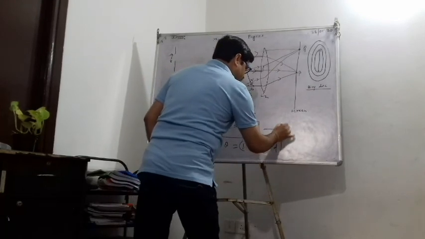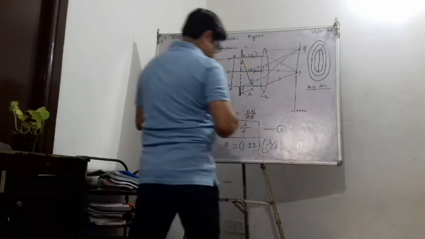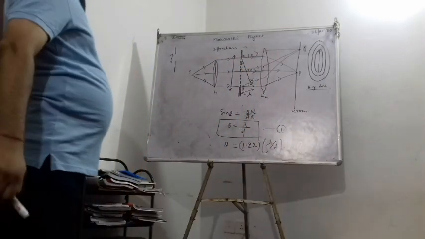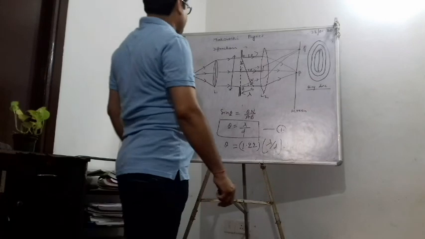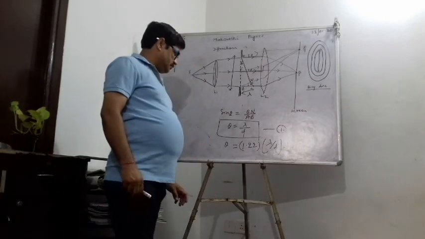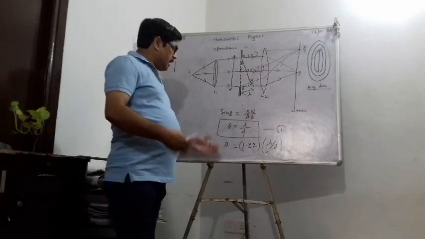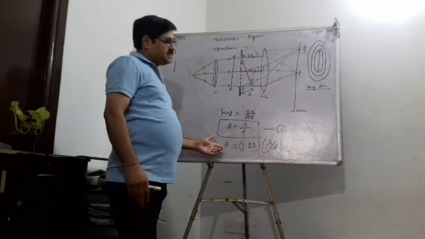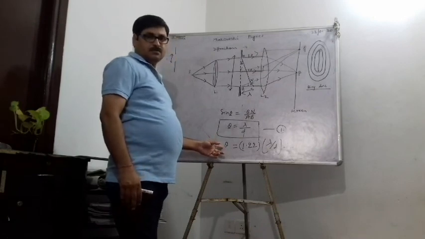This is equation number first, this is equation number second. Now I want to discuss how it is mathematically explained. Okay?